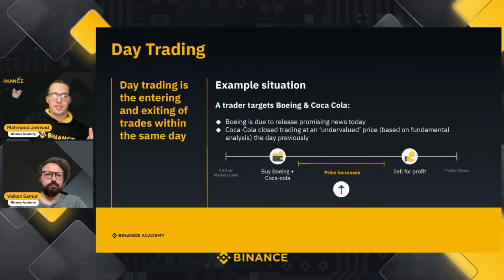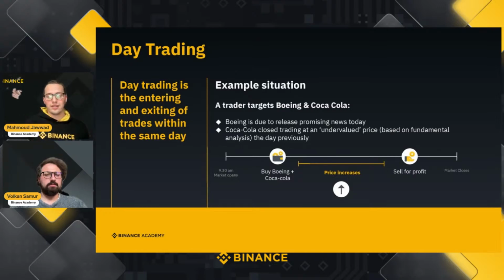The trader then begins to look for stocks they believe will rise in value within the trading day. They can base their decisions perhaps on some expected news of a company, which will be released that day, the price of a stock at closing time the day before, or other information in the news. So the day trader identifies, for instance, Boeing and Coca-Cola as their target stocks.